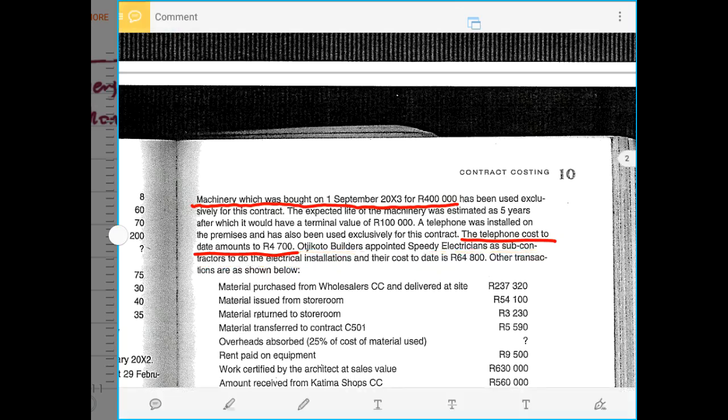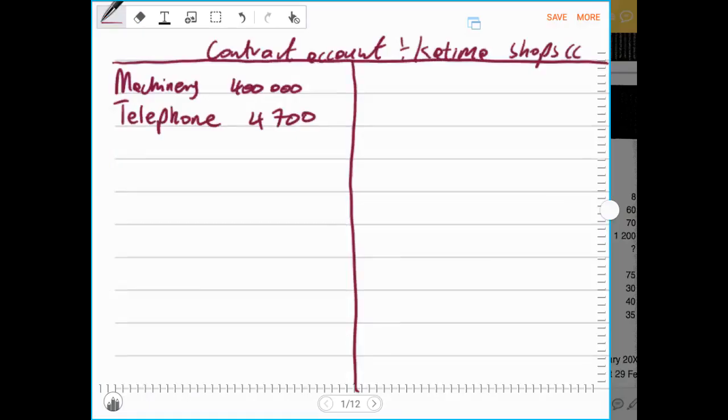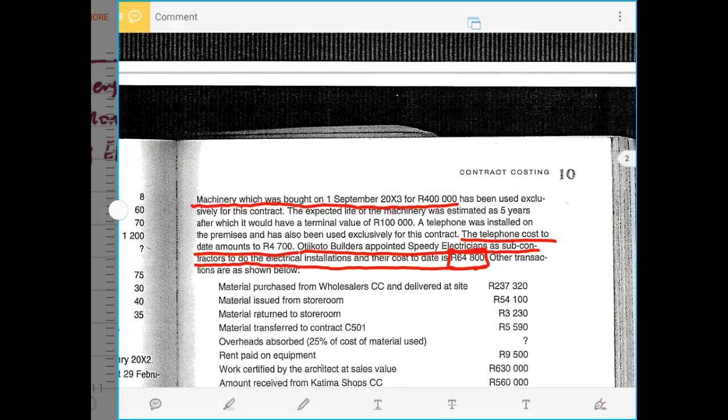That is the cost of the subcontractor that we have to record. So we record the name of the company that was doing the electricity, Speedy Electricians, and Speedy Electricians cost us 64,800 rand. This was the cost that we incurred for this contract, so we have to record that cost too.